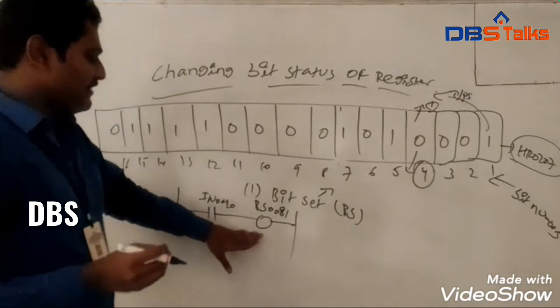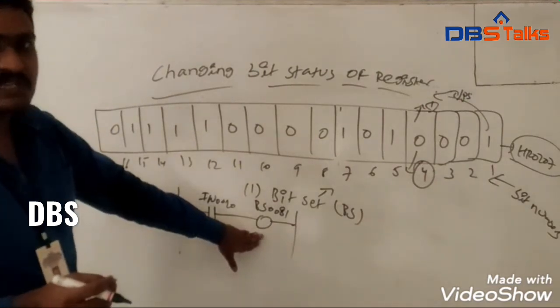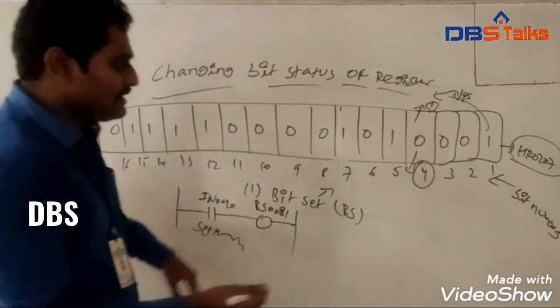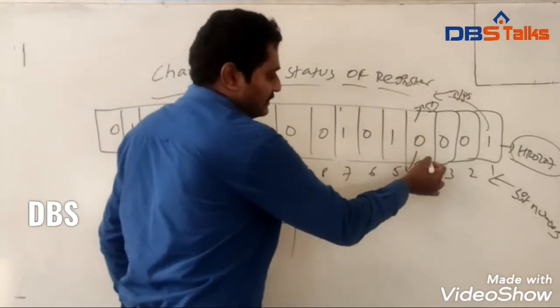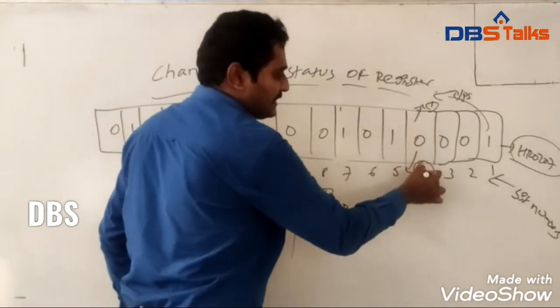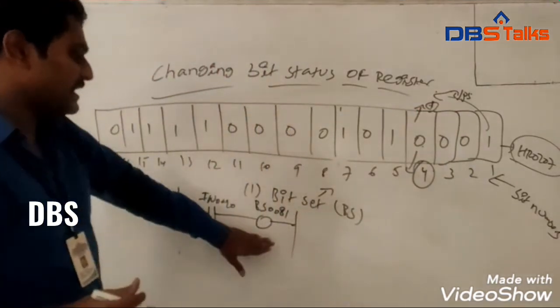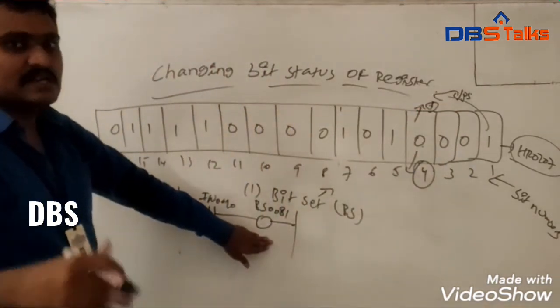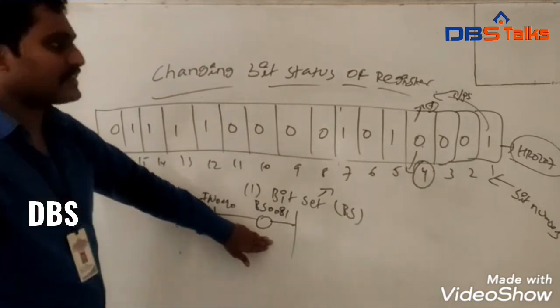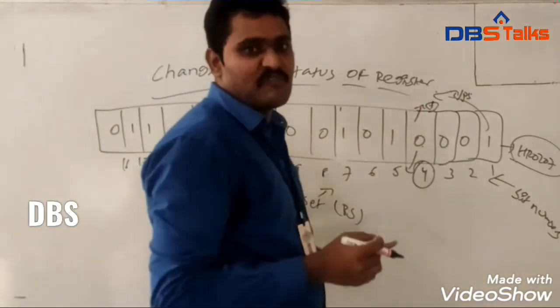Whenever the BS0081 function is enabled, the value in the 4th bit of the output is permanently changed to 1. Whenever the BS0081 function is disabled, there is no effect on this register.